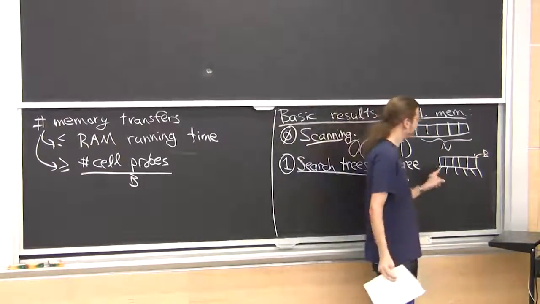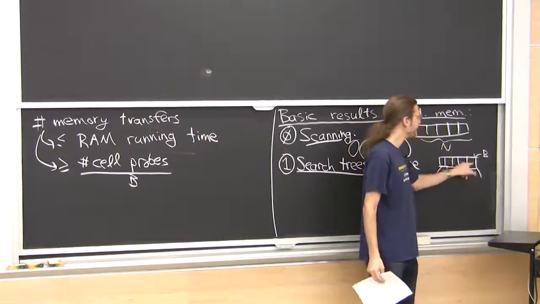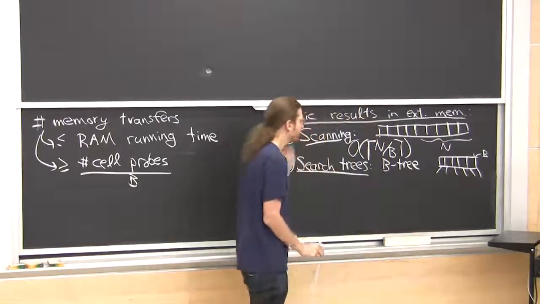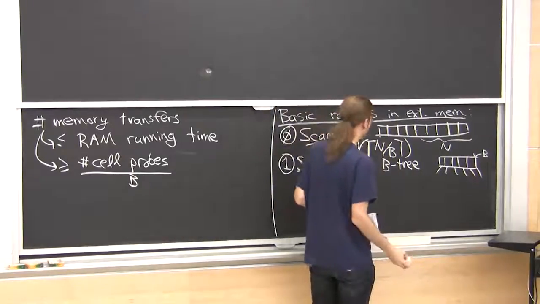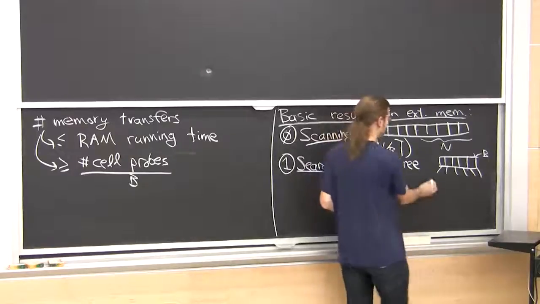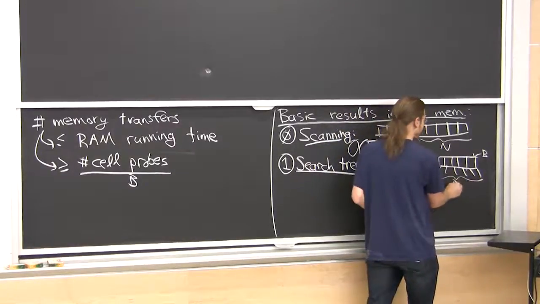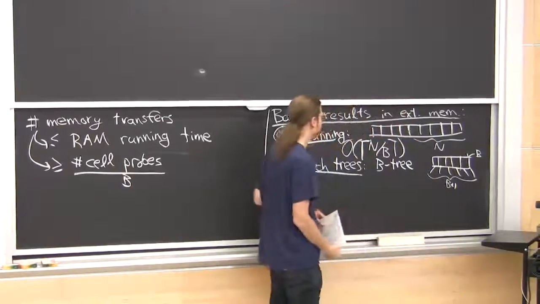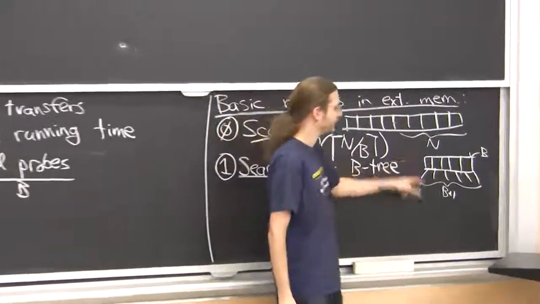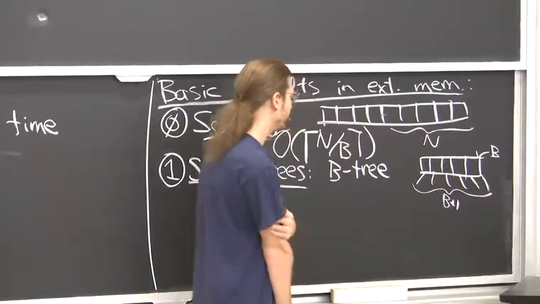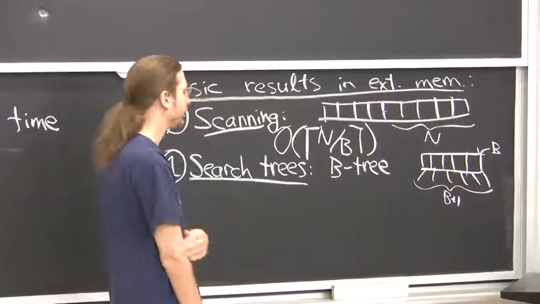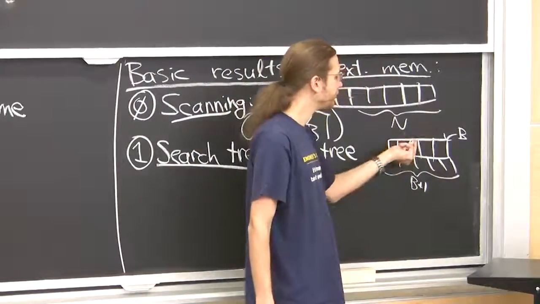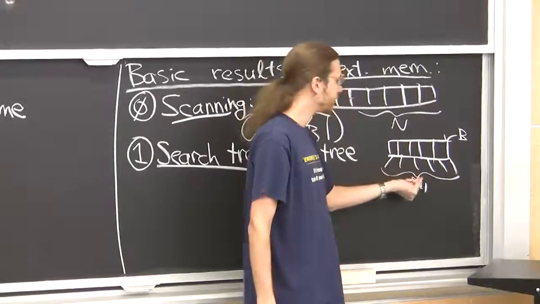If you can read all of these pointers and read all of these key values, if that fits in B, then we're happy. So typically we assume the branching factor here is like B plus 1. So in particular, if B is 1, you still have a branching factor of 2, just to make it a reasonable tree. And so now in a constant number of block reads, you can read all the data you need to decide which child pointer you follow. You follow that child pointer.